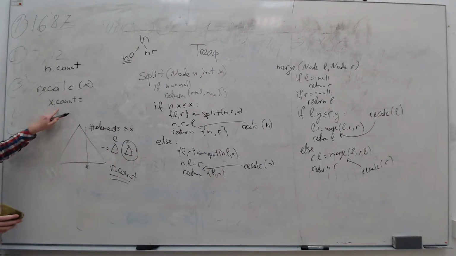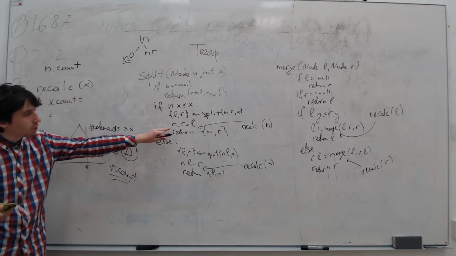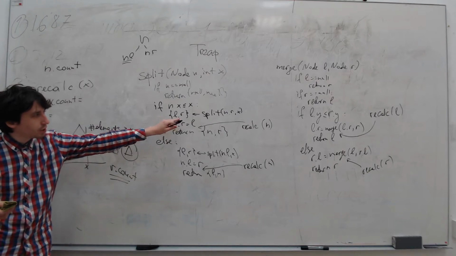So what does the number of elements in the tree of x equal, how to calculate it, given that we know its children are already calculated? Yes, we know that, because we call recalc when we already recalculated in the previous split.